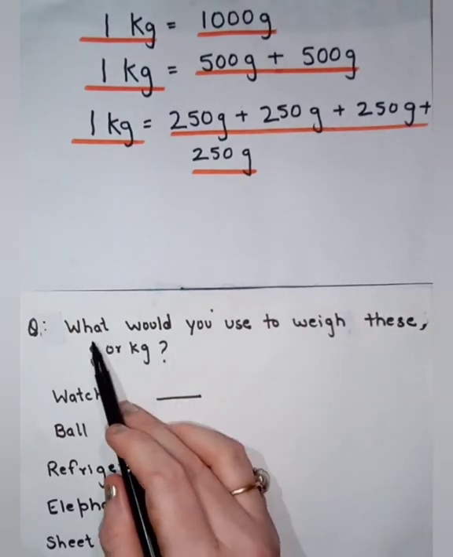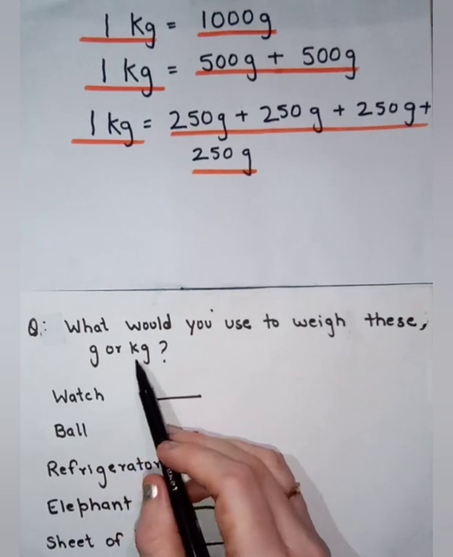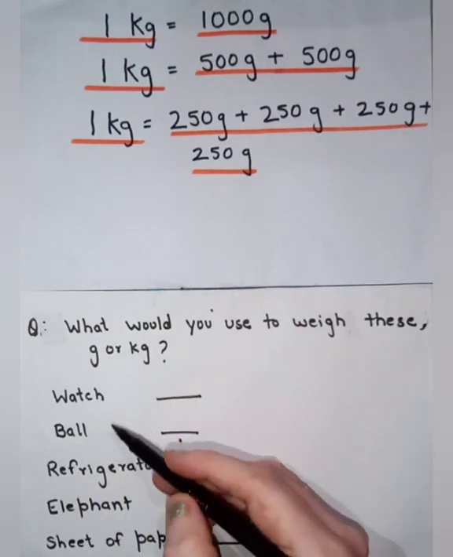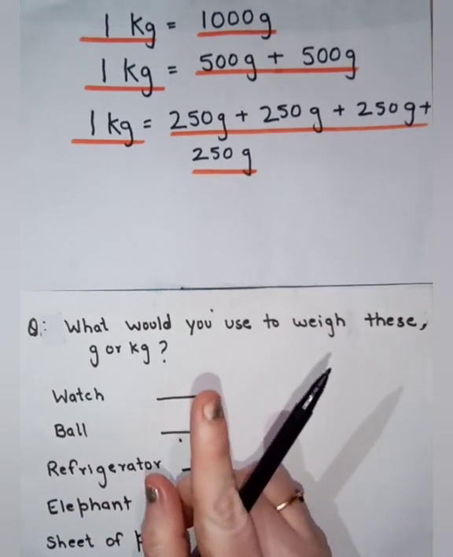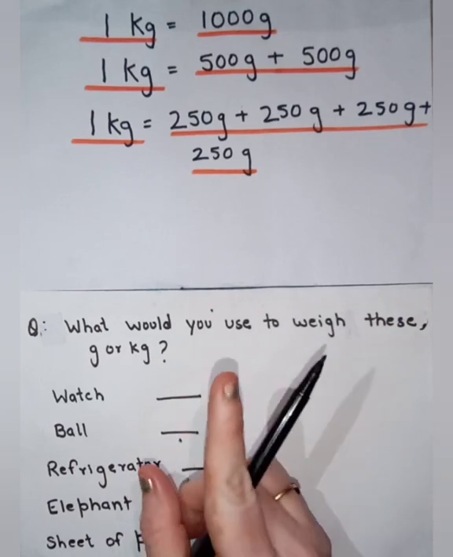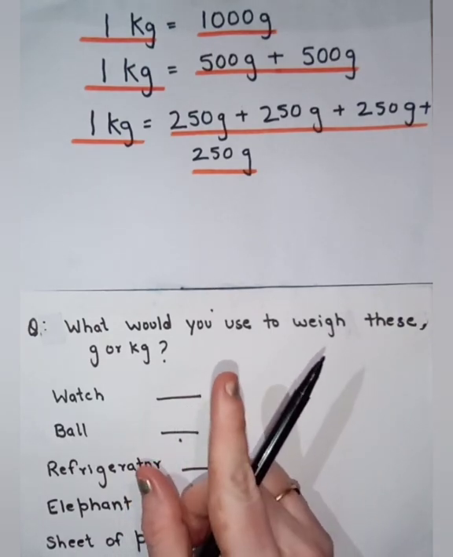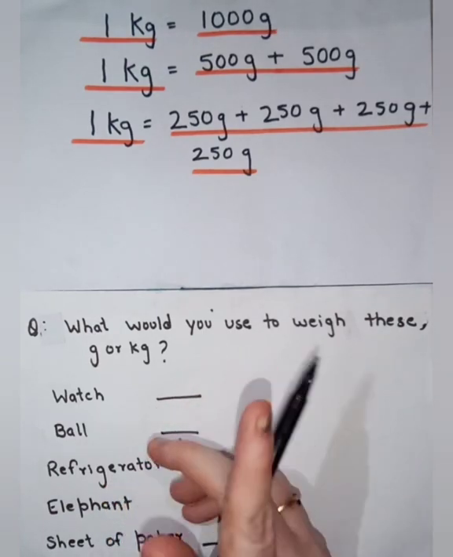First one. What would you use to weigh these, gram or kg? See, we have to write gram or kilogram. You all know that for heavier objects we are using kilogram, and for lighter objects we are using gram. Okay?